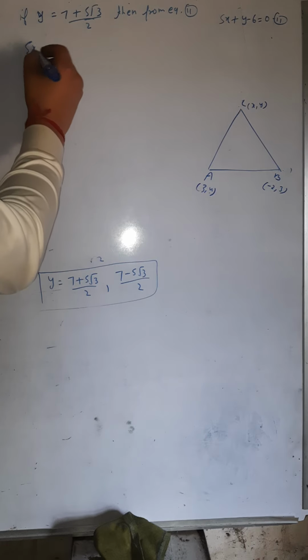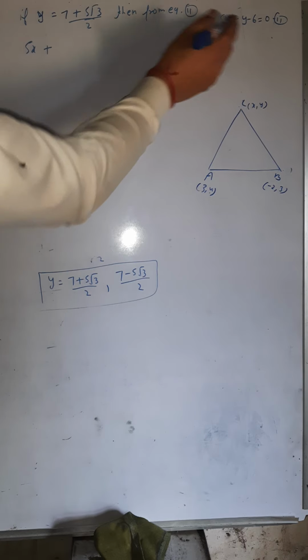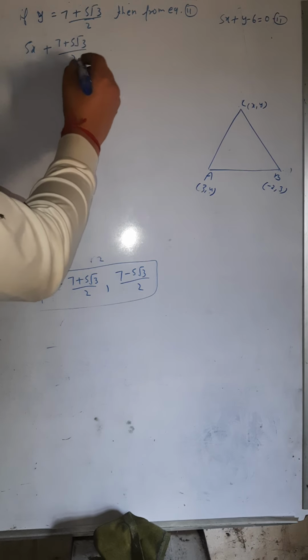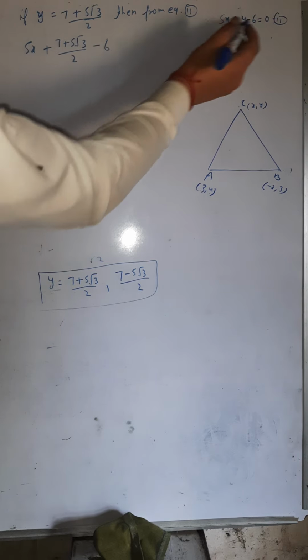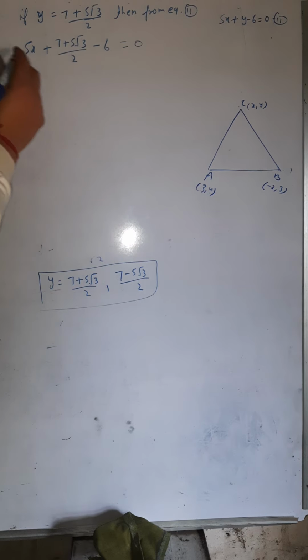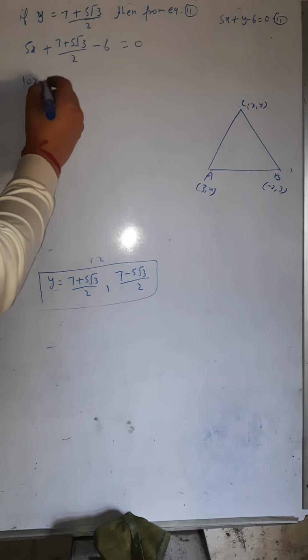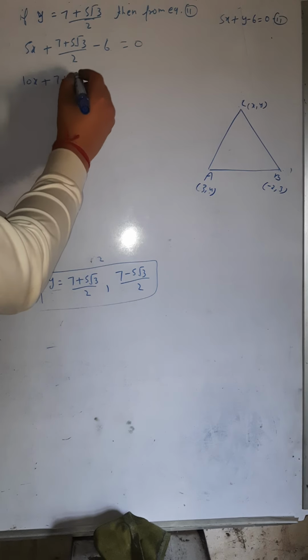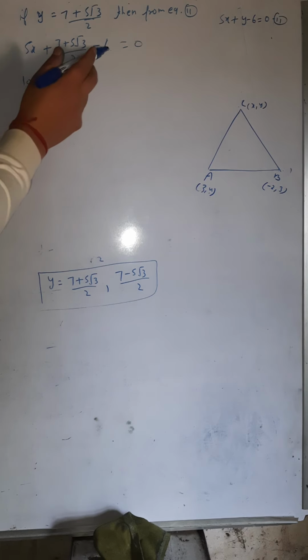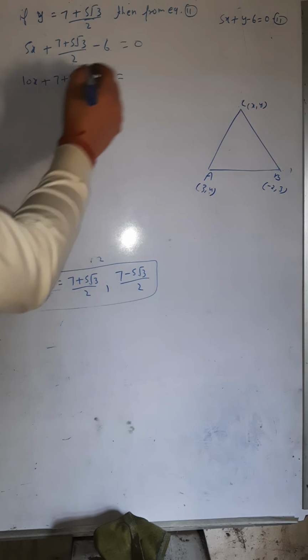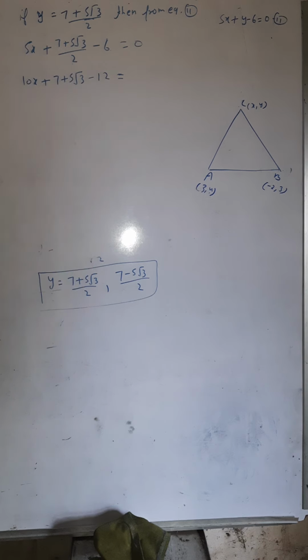So it will be 5x plus 7 plus 5 under root 3 by 2, minus 6 equals 0. This 2 will multiply here also. So 2 times 5 is 10x plus 7 plus 5 under root 3. This 2 will multiply here also: 2 times 6 is 12, equals 0.